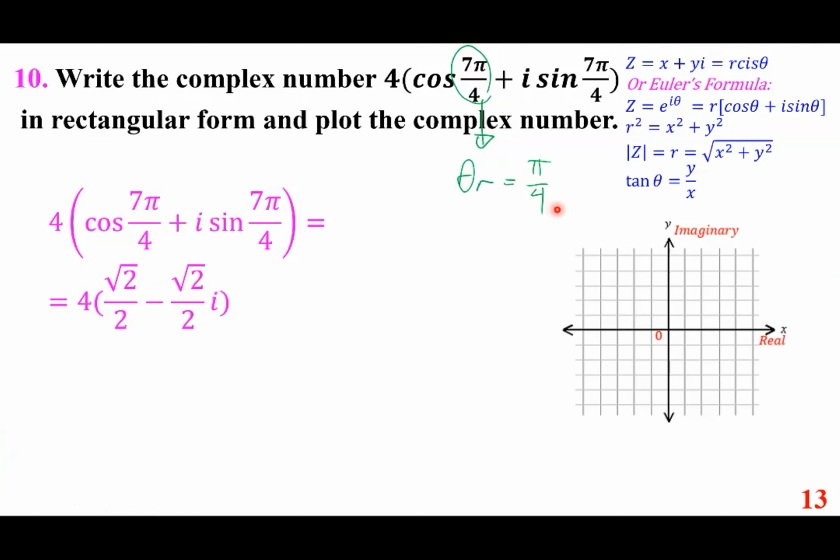So cosine is square root of 2 over 2, sine is square root of 2 over 2, but in the fourth quadrant, cosine is positive and sine is negative. So it's important to remember what the reference arc is. It helps us figure it out. And as you can see, if you multiply, the 4 cancels out the 2, and we get 2 square root of 2 minus 2 square root of 2 i, which is in rectangular form.